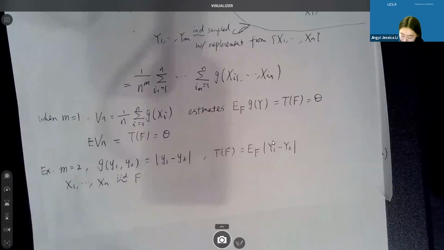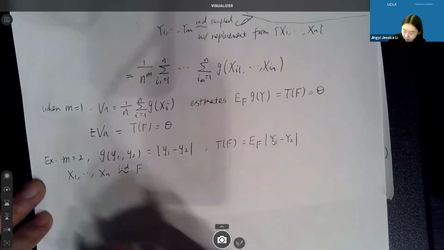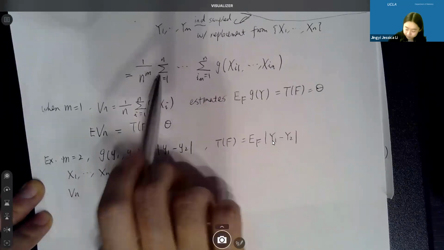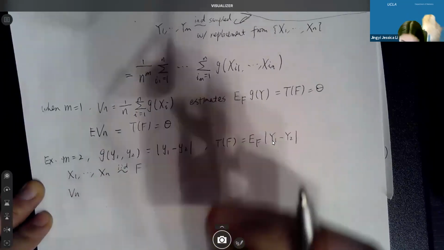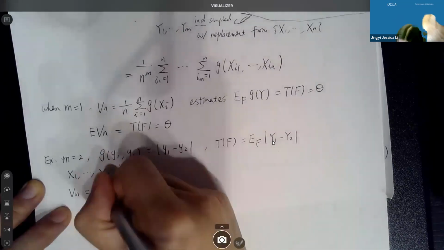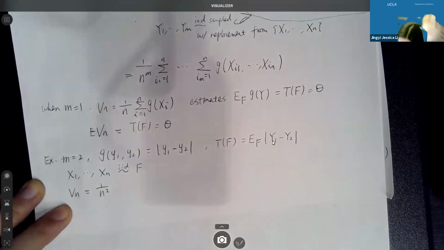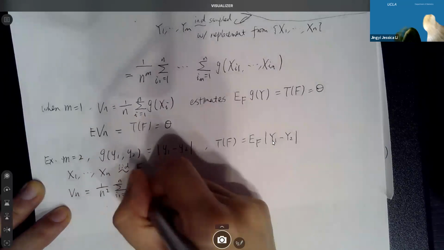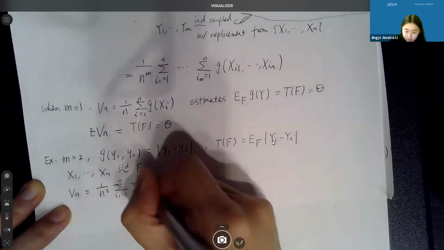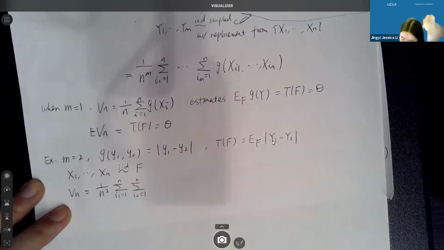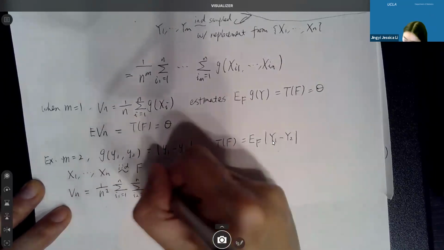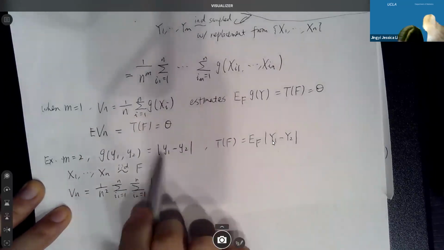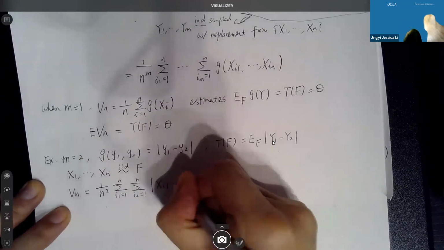Following this formula, it will be equal to 1 over n squared, sum over i1 from 1 to n, sum over i2 from 1 to n, of the g function, |x_i1 minus x_i2|.